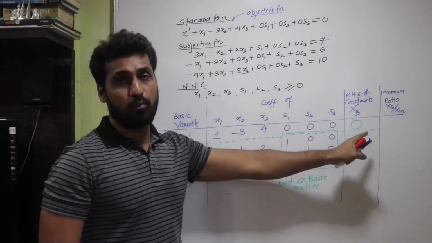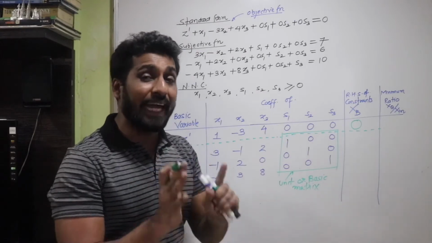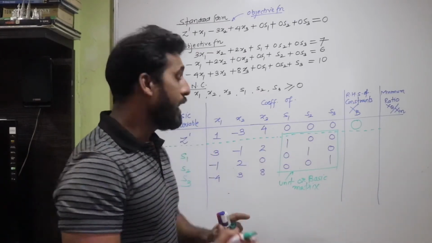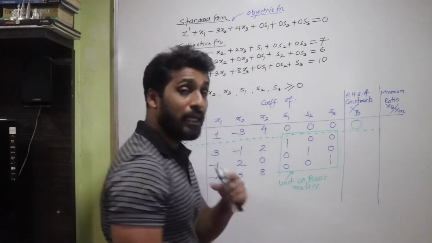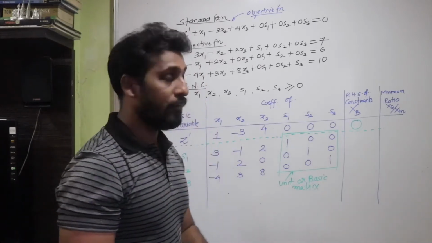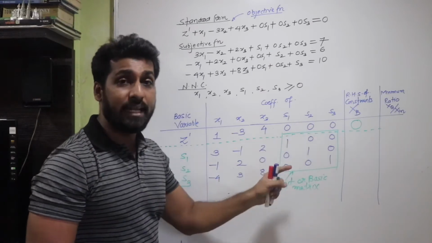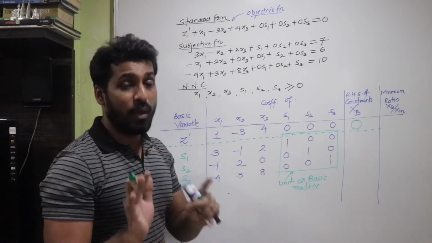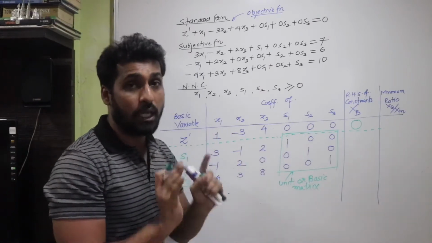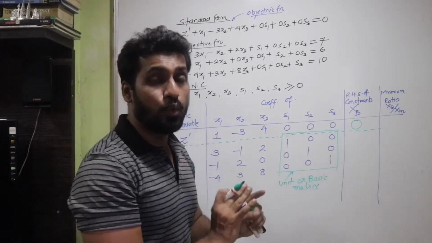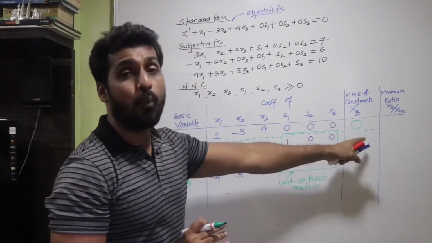If there is at least one entry present in the row of z dash which is negative, then my friends, you have not reached the optimum solution. You are yet to reach the optimum solution.